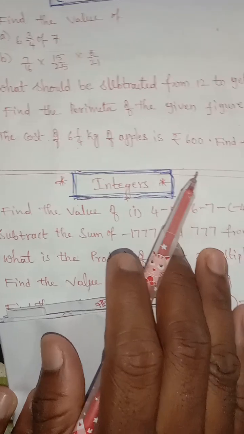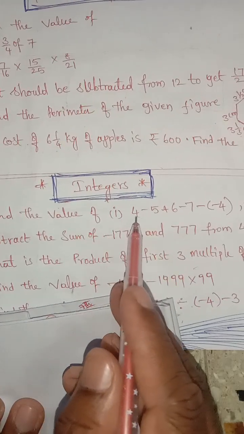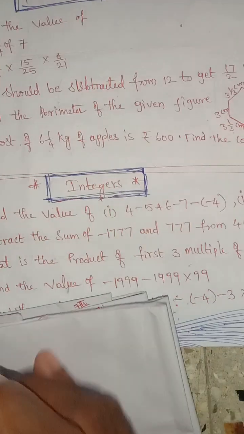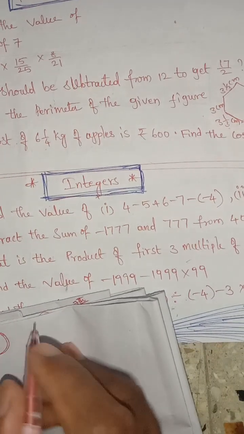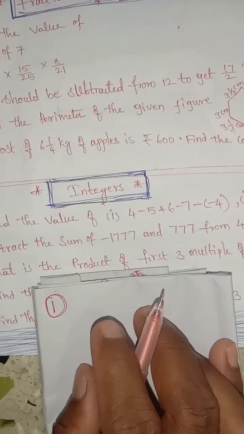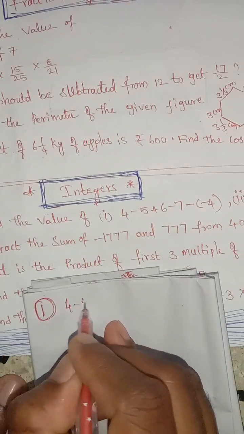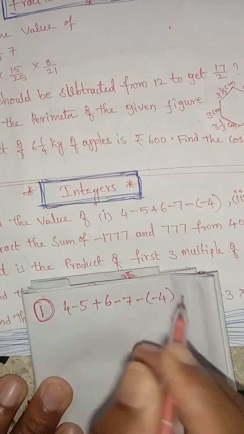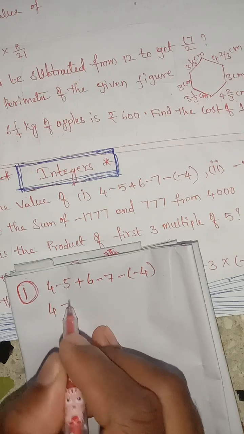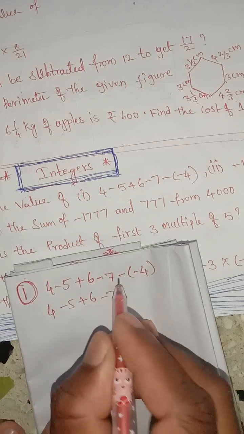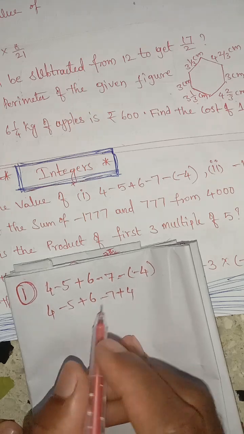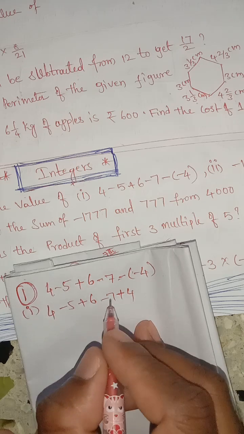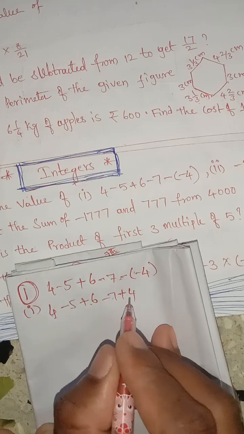Integers. First one, find the value of 4 minus 5 plus 6 minus 7 minus of minus 4. So minus of minus 4 becomes plus 4. So minus 7 plus 4 plus 6 plus 4.